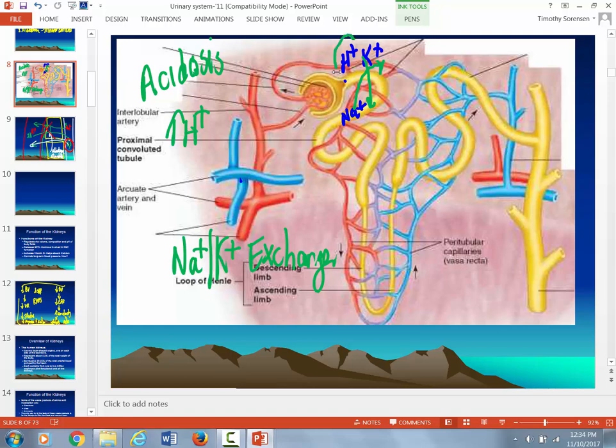Instead, hydrogen ions are exchanged for sodium. And those hydrogen ions get dumped into the urine in an attempt to bring up the pH back to normal. So if you're not getting rid of potassium because you're instead getting rid of hydrogen ions, what's going to happen to the amount of potassium in the blood? It goes up. So acidosis leads to hyperkalemia.